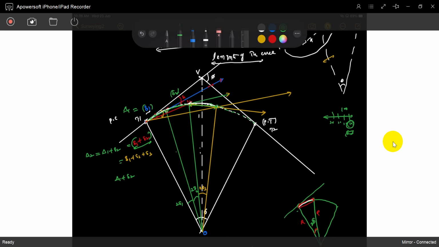Then this is delta 2 plus delta 3. Understood? This is delta 2. Later, delta n is delta n minus 1 plus delta n.